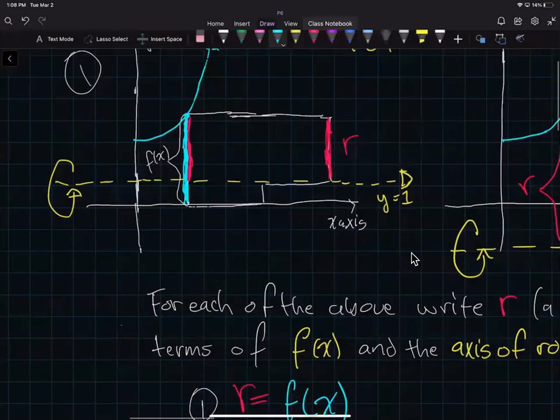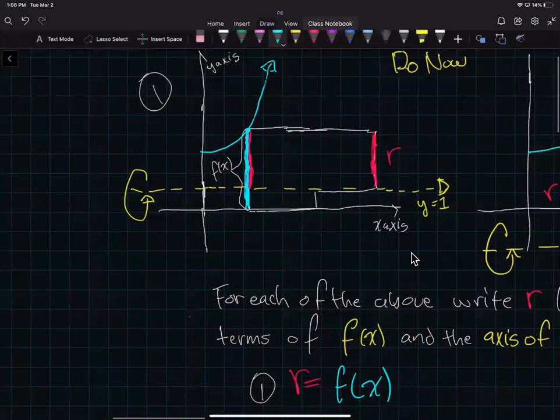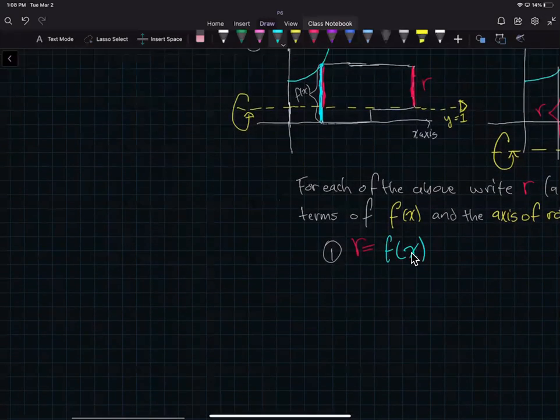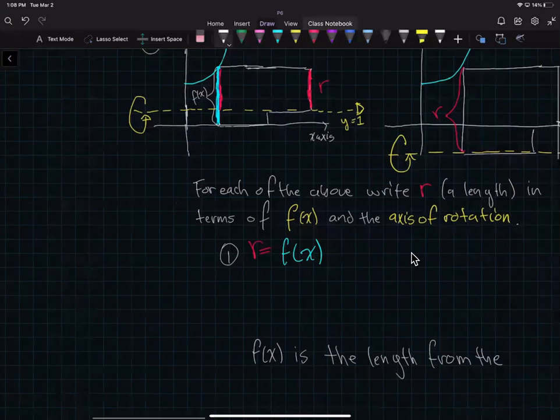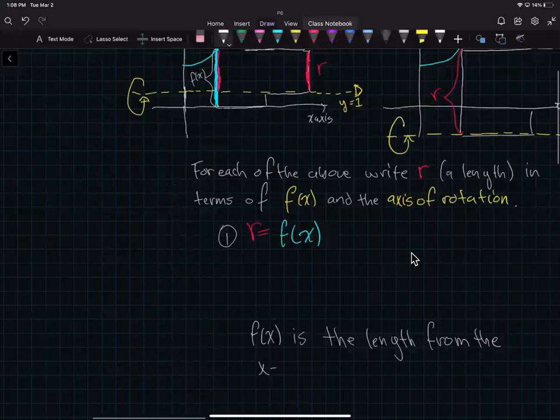part. Okay, and let me actually write it down so that you guys understand where I'm coming from. So f of x is the length from the x-axis to a given point.